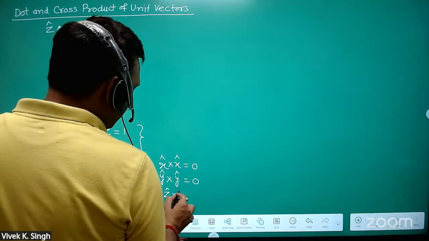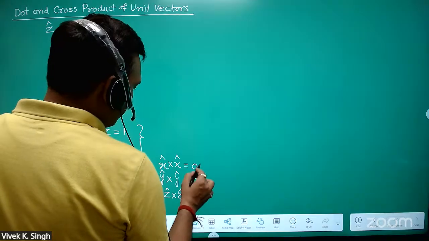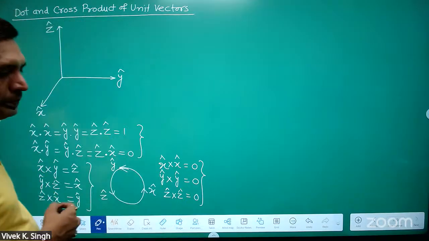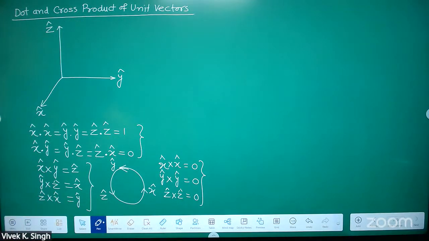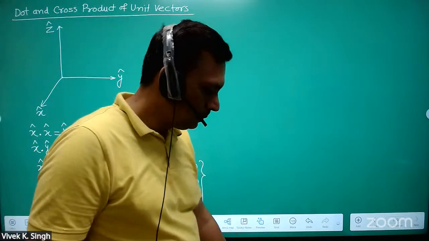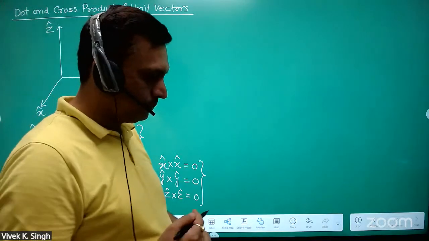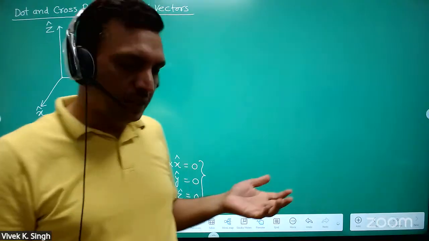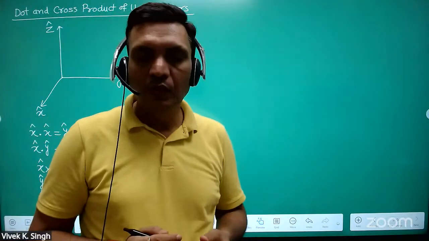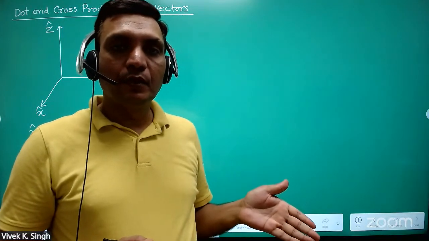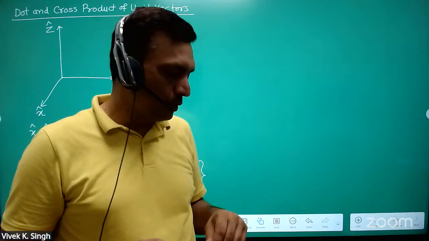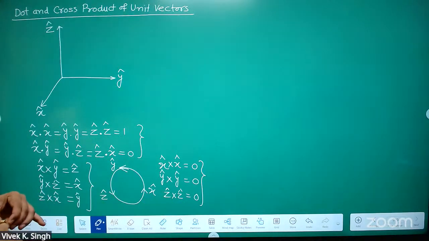Z cap cross z cap is 0. Clear? Yes, sir. So that is all about the Cartesian coordinate system: how to represent a vector, the position vector, what dl, dA, d tau are, and the dot product and cross product of unit vectors. Is it clear?